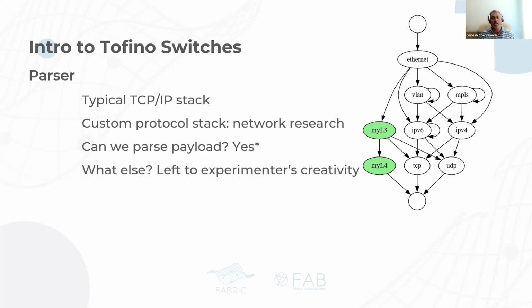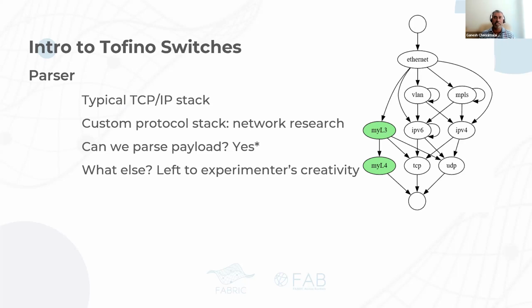So the Tofino switches also give a little bit of capability to parse deep into the payload, which you can consider as an extended header or something like that. For example, DNS headers, which you want to parse. You can do parsing of some of the application headers as well. It does not distinguish between the L3 header and the L4 header.